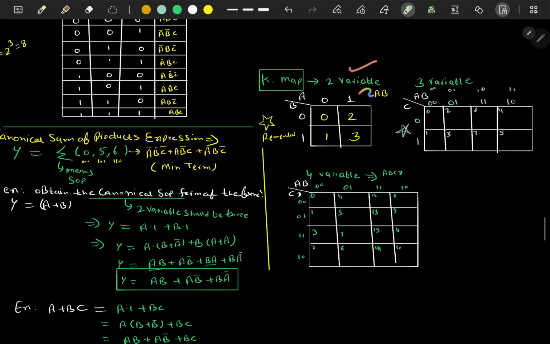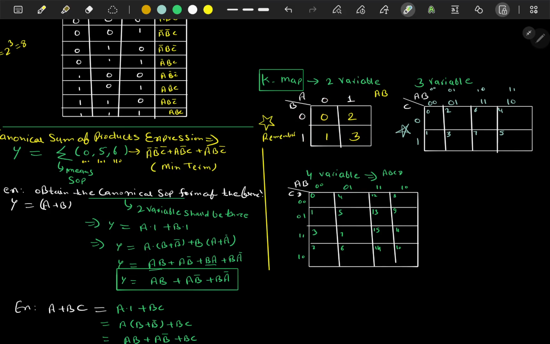Now what is a K-map of 2 variables, 3 variables, 4 variables? For 2 variables we write AB. AB 0 0 is 0, 1 0 is 2, 0 1 is 1, and 1 1 is 3.